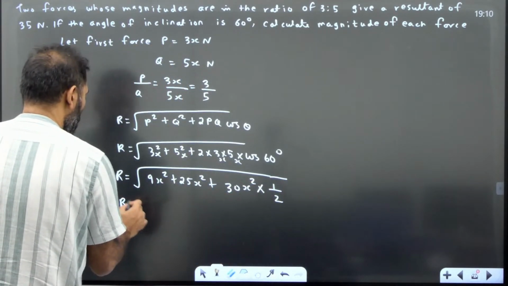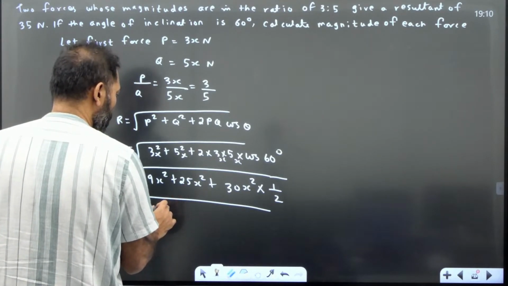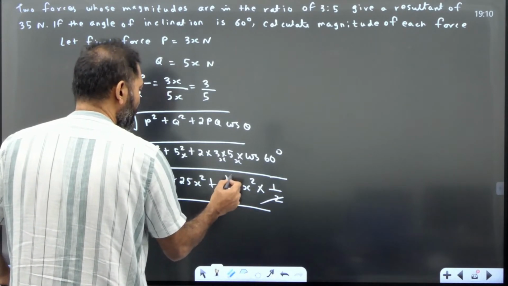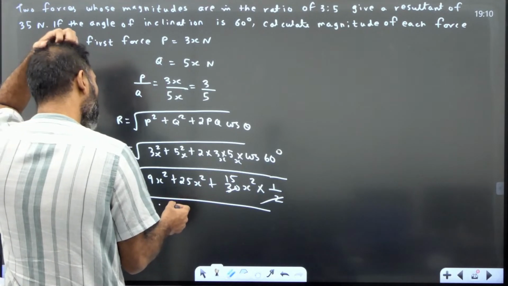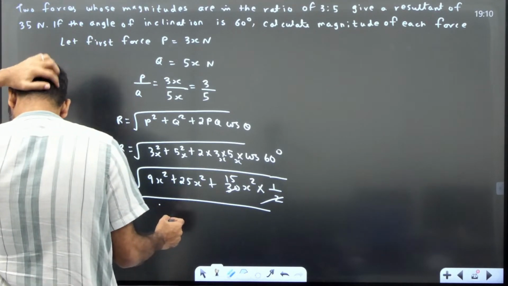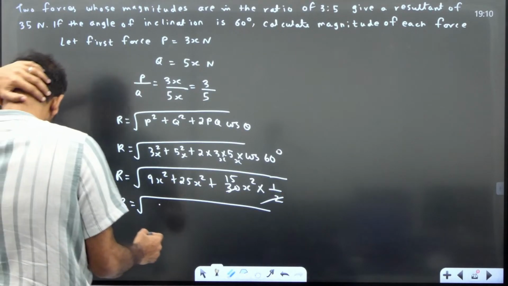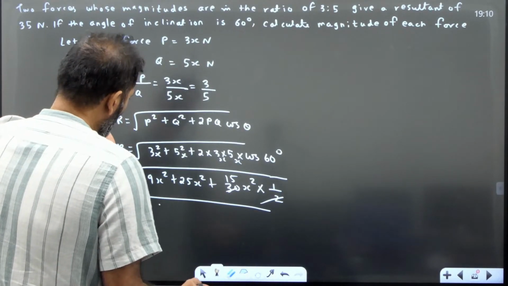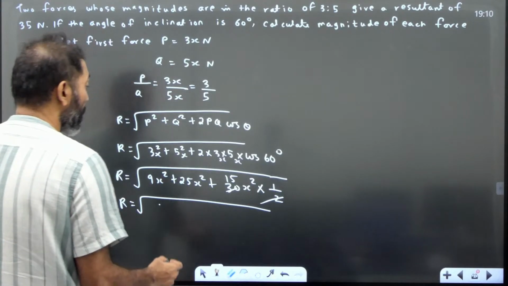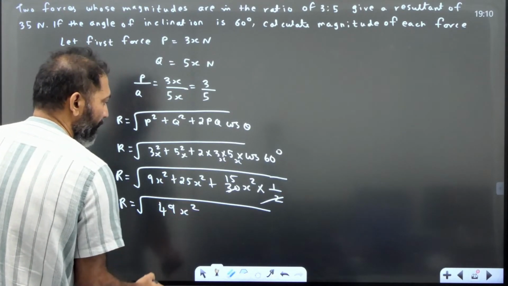So it becomes 15. 25 plus 9 is 34, 34 plus 15 is 49x square.